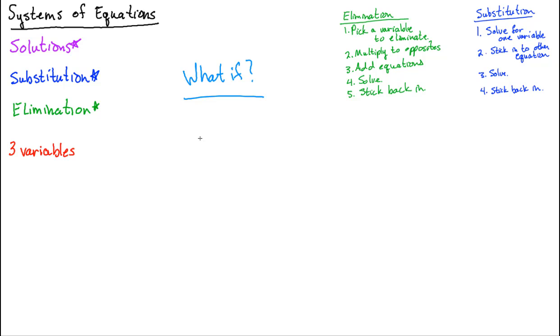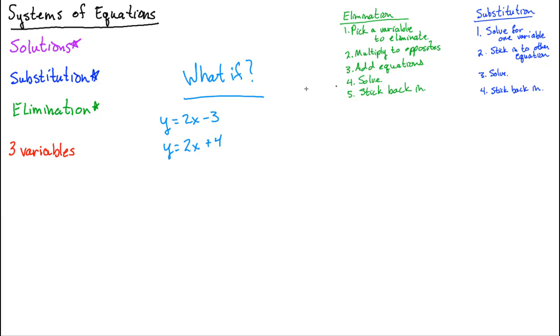Before we move on to the big 3 variables and 3 equations section of this systems of equations, we need to see what happens if there are some unusual special things that might occur here, and so I wanted to show you what might happen sometimes. So let's take a couple of lines like y equals 2x minus 3 and y equals 2x plus 4, and let's solve this system of equations.